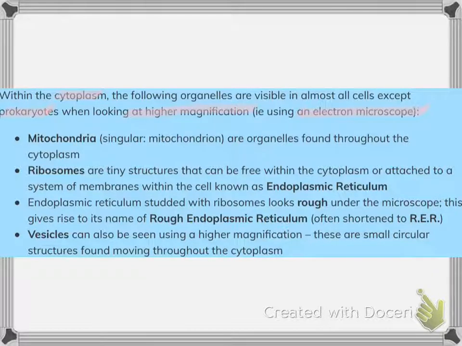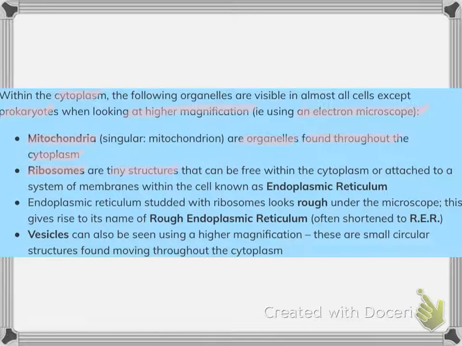Now those organelles within the cytoplasm, one of them is mitochondria, and the singular of mitochondria is mitochondrion, and these are organelles found throughout the cytoplasm. The mitochondria generate chemical energy, and this chemical energy is needed to power the biochemical reactions in the cell. Then the other one is ribosomes, and these are tiny structures that can be free within the cytoplasm.